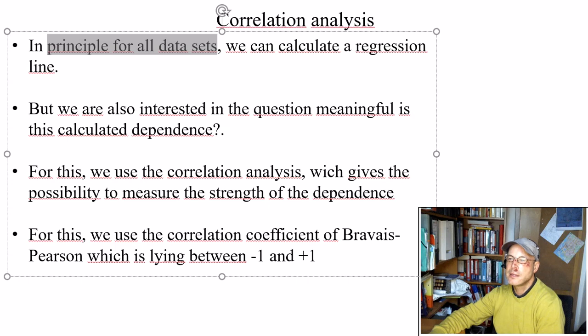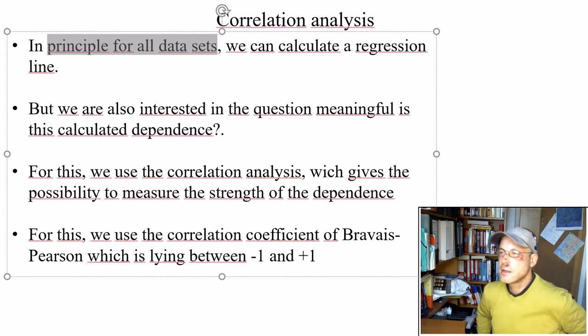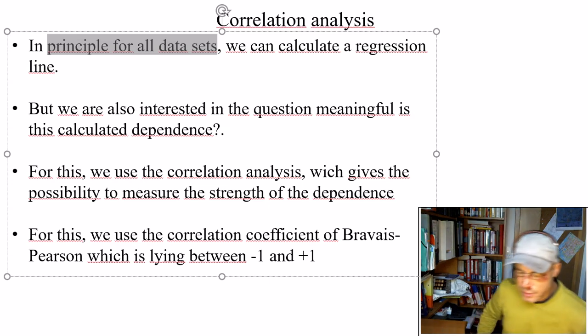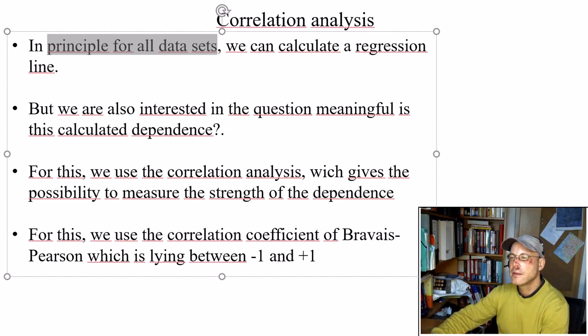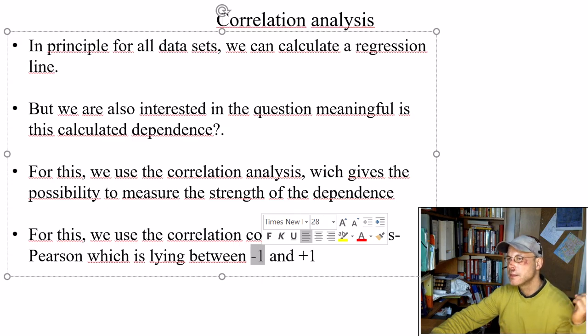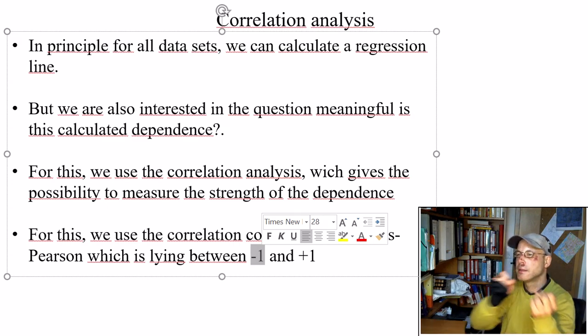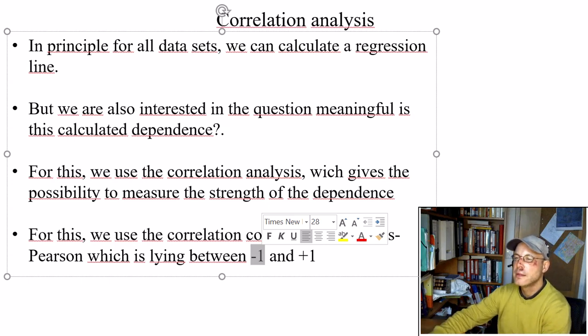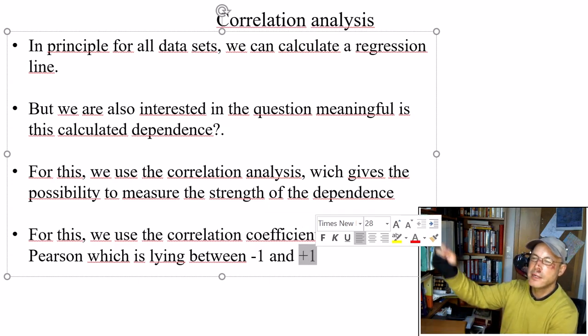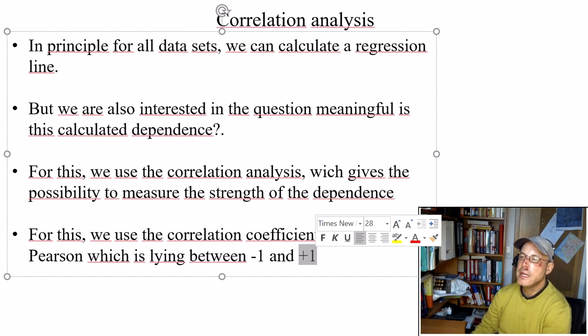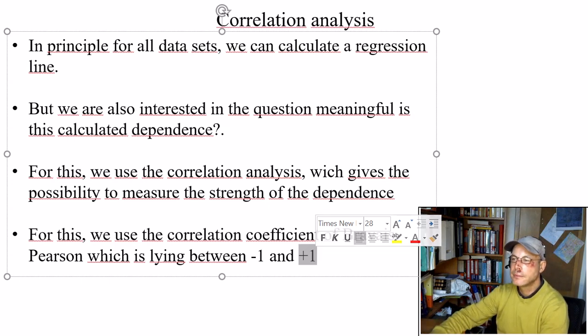And this was done around 1900 by two guys, Bravais and Pearson, and they calculated a measure which lies between -1 and +1. -1 we can interpret as a totally antilinear dependence, and this correlation coefficient would be +1 if our data lie exactly on an increasing line.